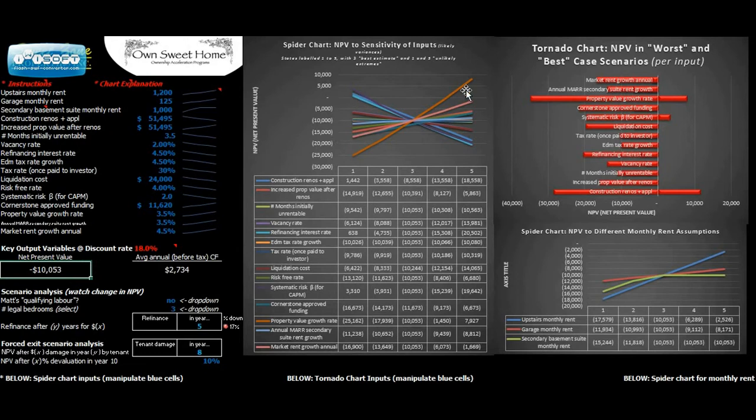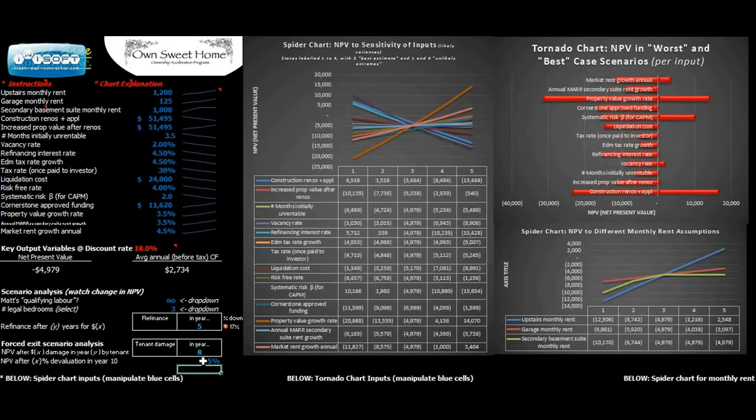Not very many scenarios here that are optimistic that result in good value. You're only really going to get value with property growth, if you're not very risky with CAPM, if your renovations are cheaper than what you expected, so too risky of an investment. So let's say it's a 5% devaluation.